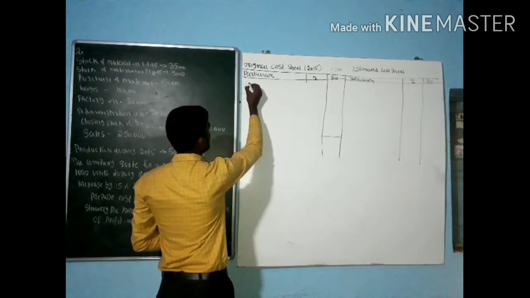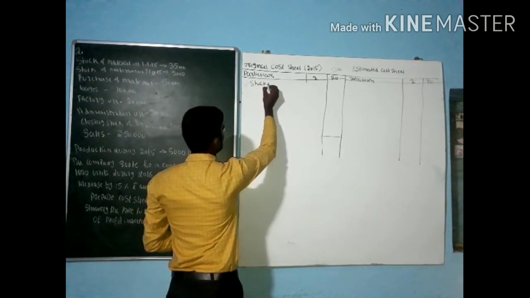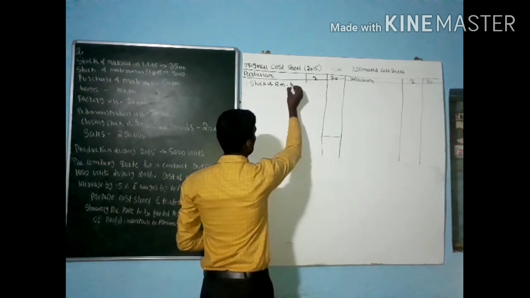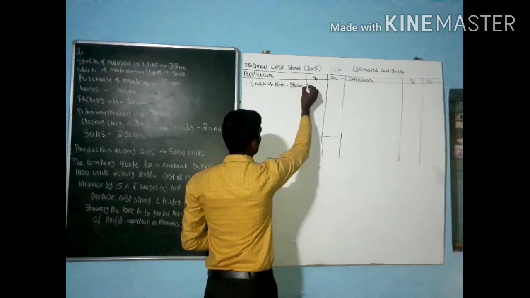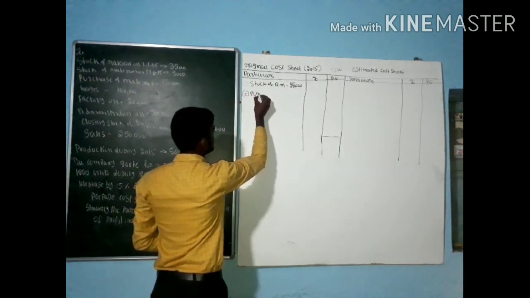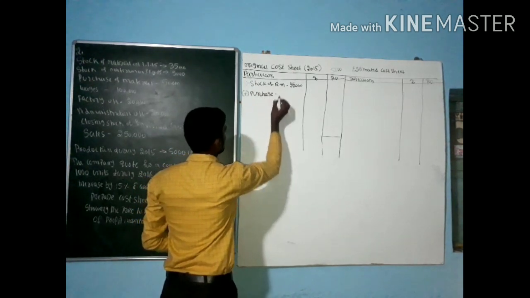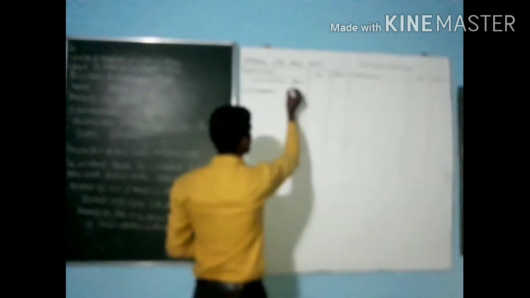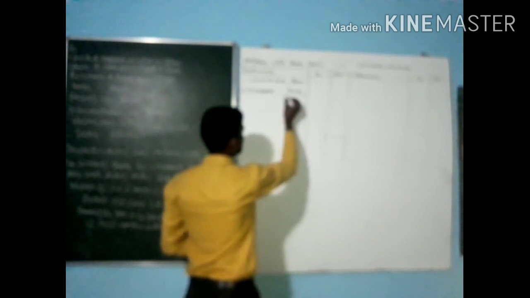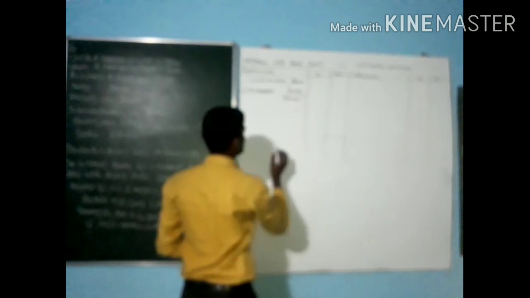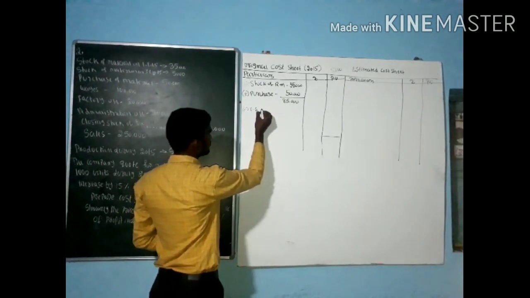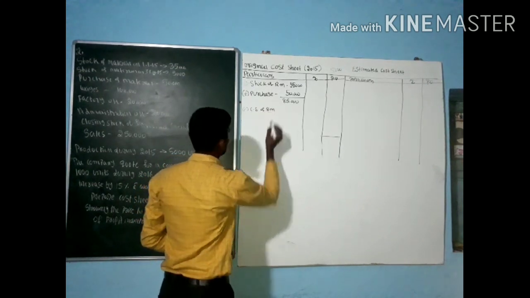First one, opening stock of raw material is 35,000, plus purchase is 50,000, total 85,000, minus closing stock of raw material.